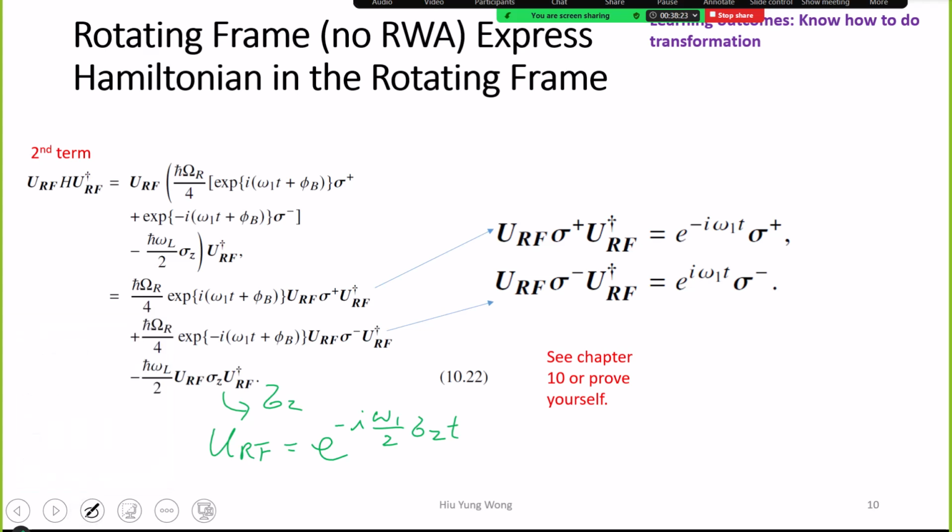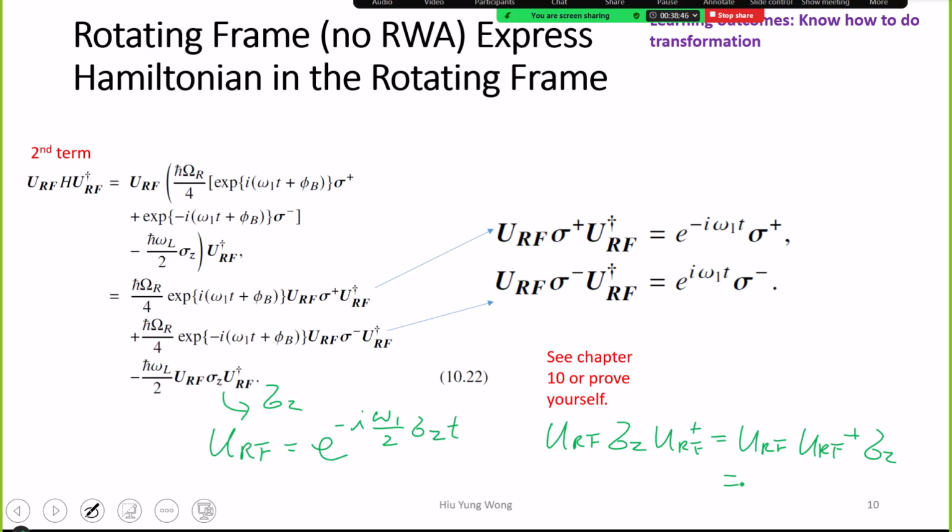So that's why URF sigma z URF dagger equals URF dagger sigma z. They commute. So sigma z times URF dagger is just equal to URF dagger sigma z. And what is URF times URF dagger?